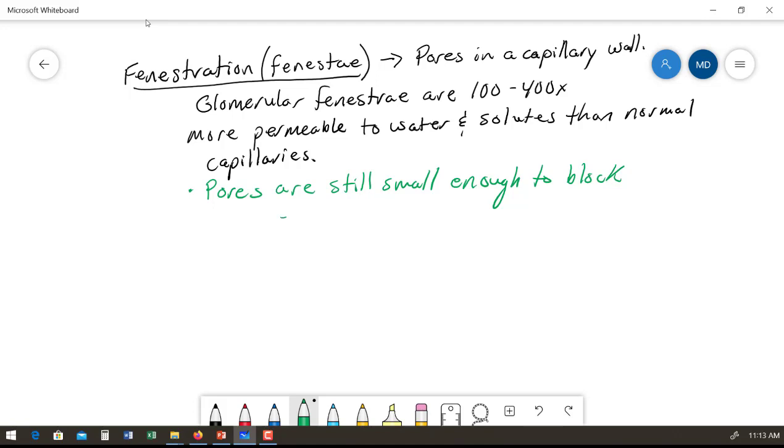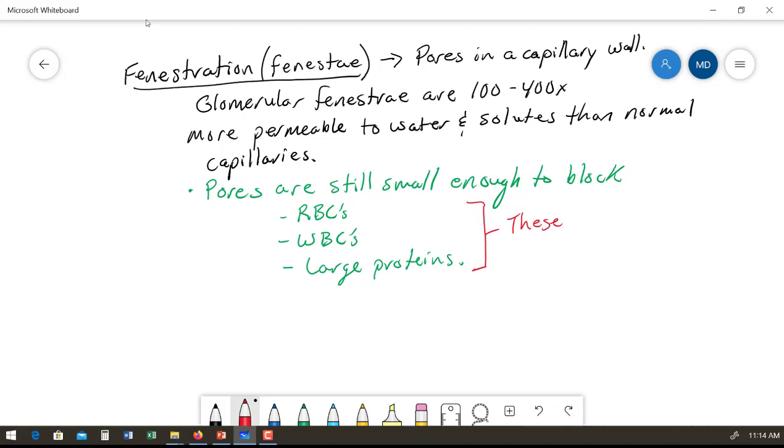They're able to block red blood cells, white blood cells, and most large proteins. Because of this, you should never see these in your urine. These should not be in urine.